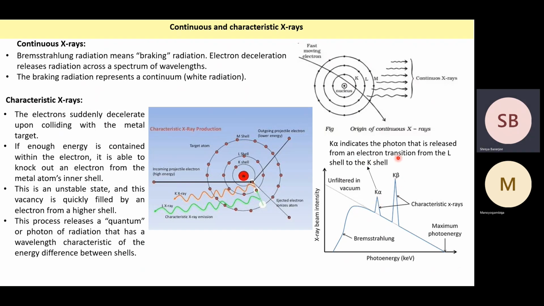K alpha, which is basically an electron from the L shell filling up the vacancy in the K shell, and K beta, which is when an electron from the M shell fills up the vacancy in the K shell. As you can see, these have a single wavelength, and so they are called characteristic X-rays.